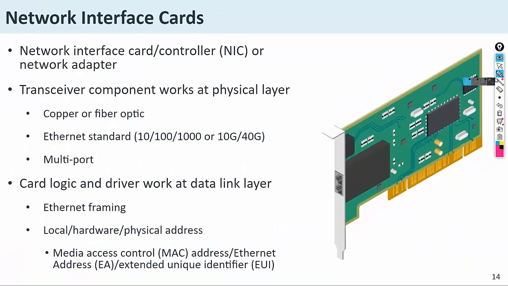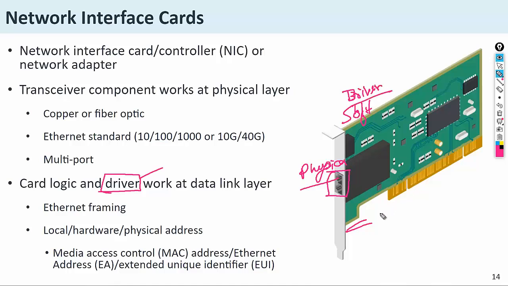This card basically works at the data link layer, but there are two terms. One is a driver, another is a physical port. Only connecting the physical port will not activate it, and it will not work until the software or driver is installed.